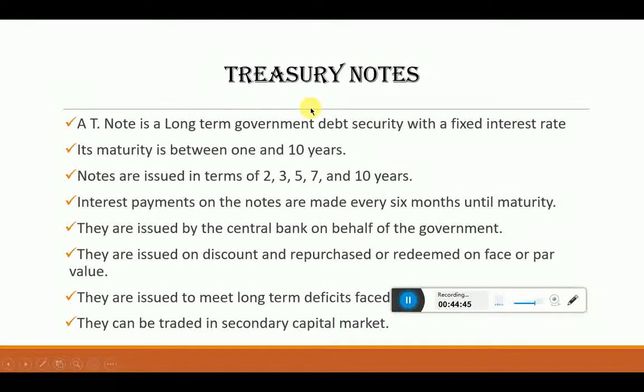Number 1 is treasury notes. Treasury bills are short term, but treasury notes are long term. They are issued by the government, usually the central bank. They could be 1 year to 10 years. So they could be for 2 years, 3 years, 5 years, 7 years, and 10 years.